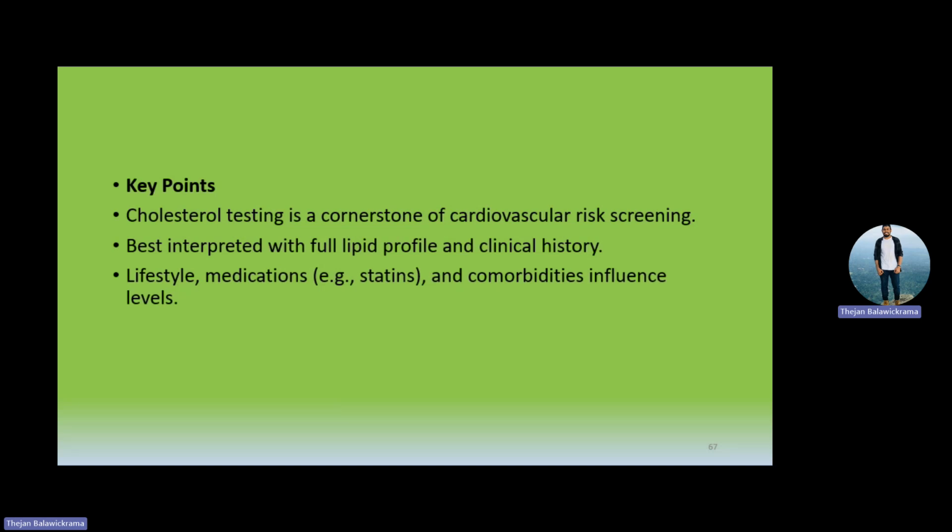And also lifestyle definitely matters. That also should be considered. Just imagine that for a certain period of time, you kept on eating a lot, abnormally, right?